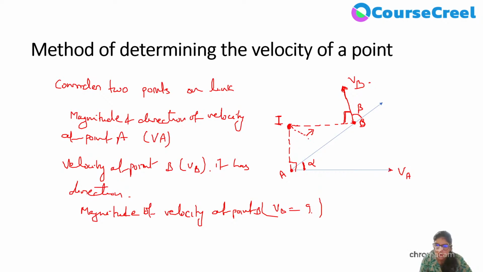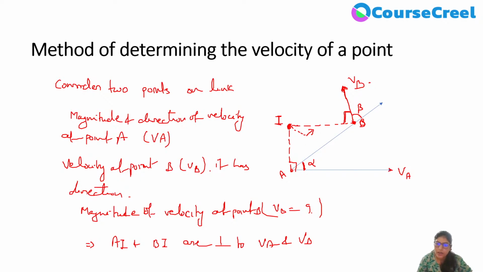Now we have AI and BI, and both are perpendicular to VA and VB, right? So hope this thing is clear. We have marked the intersection point I.